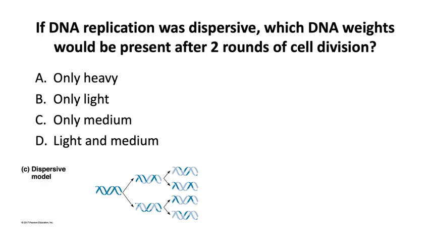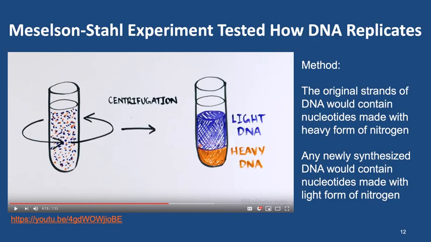So in this case, let's think about if it was dispersive, which DNA weights would be present after 2 rounds. So you can look at the illustration from your book and see that basically you're going to continue to have this medium weight, so it has a mixture of heavy and light nucleotides. So only medium would be the answer here.